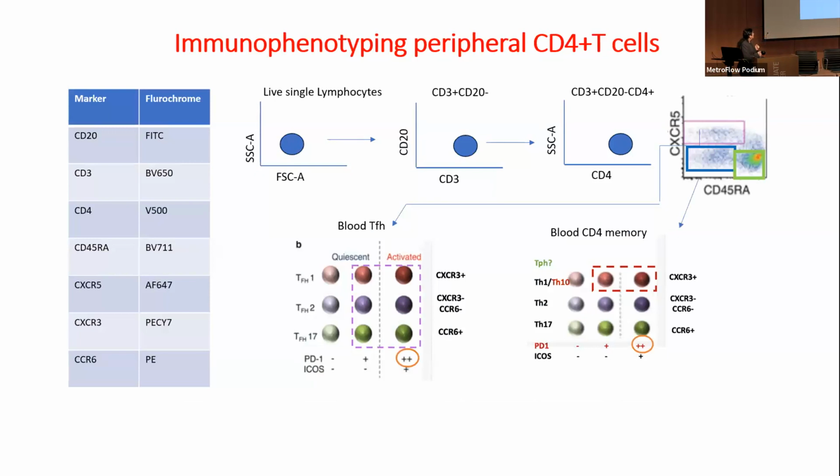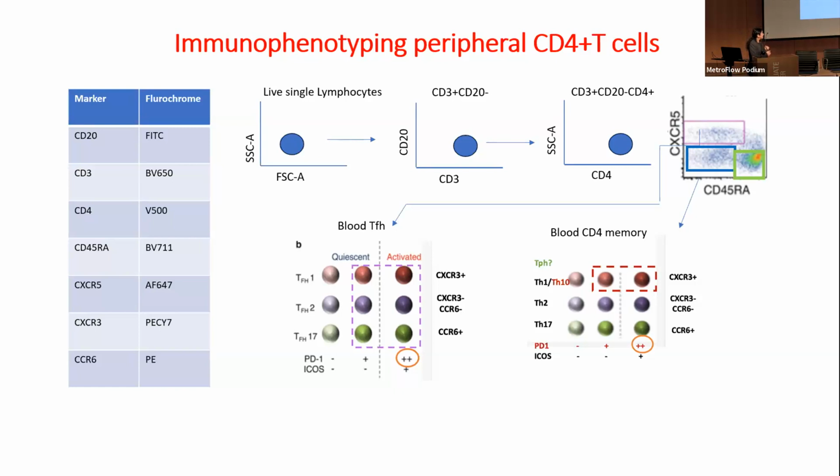So here in the panel, I have just shown what were the markers that we used for characterizing the T cells. And this is just a flow of how we gated on the CD4 cells. And here I would like to spend a couple of minutes just to explain the T follicular and the conventional TH, how we gated the cells.